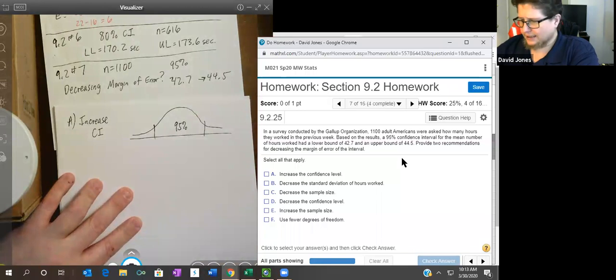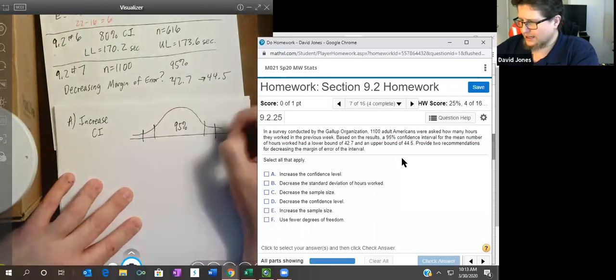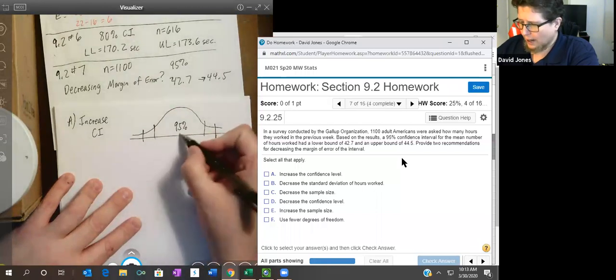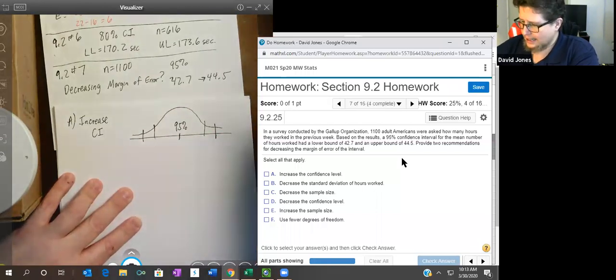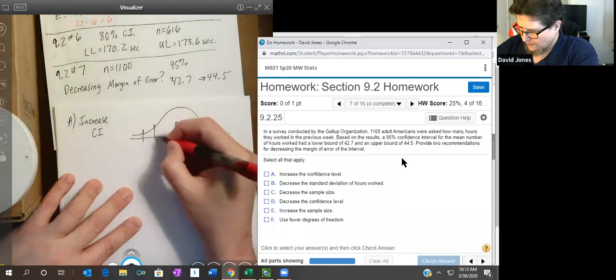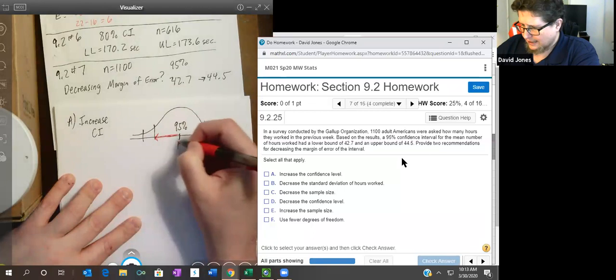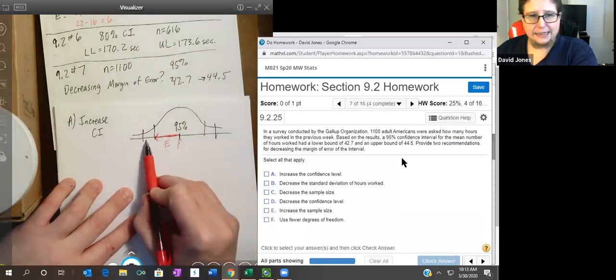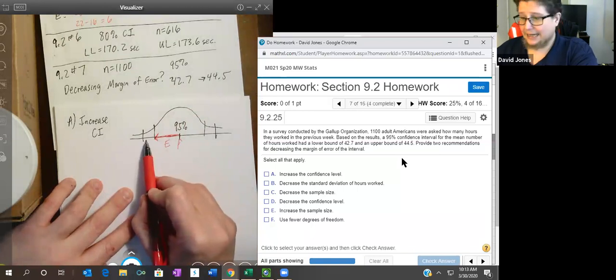If we increase the confidence level, we get wider. And this distance from the lower bound to the p hat is our E. If I increase the confidence, it's getting wider. So that's out.